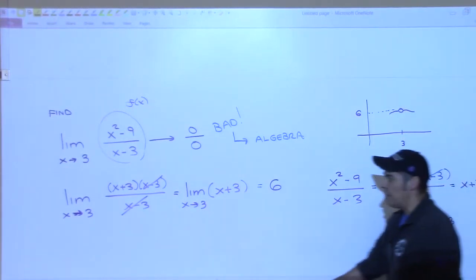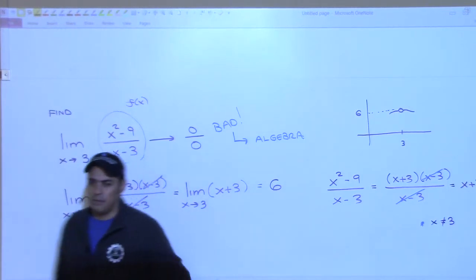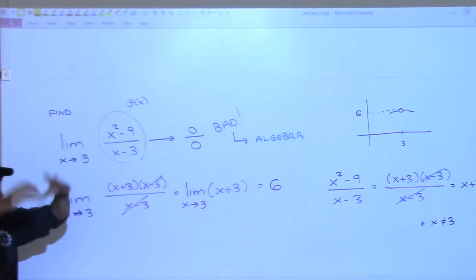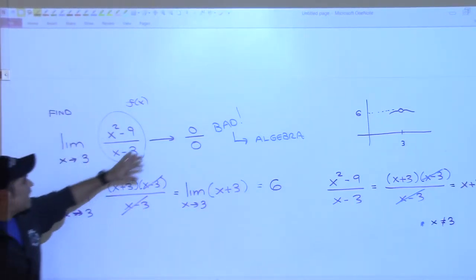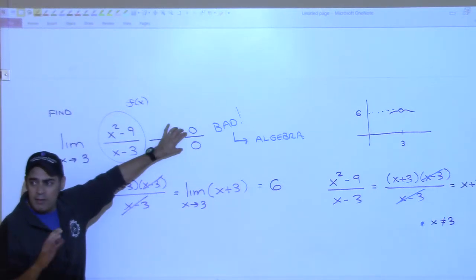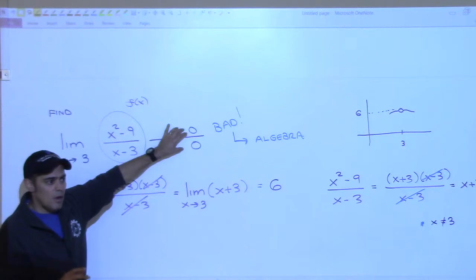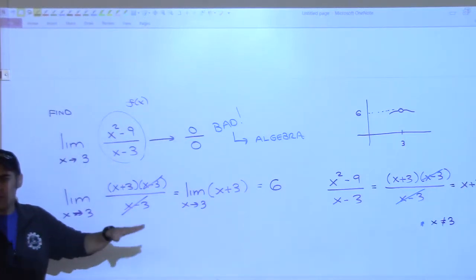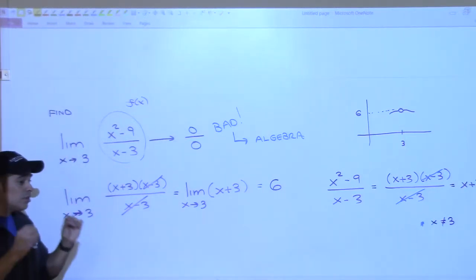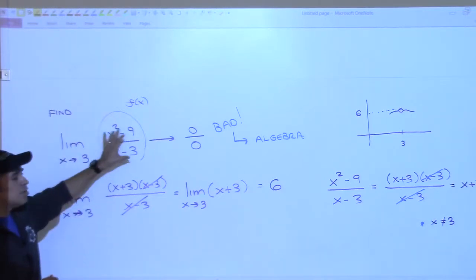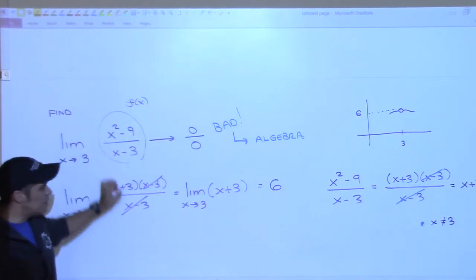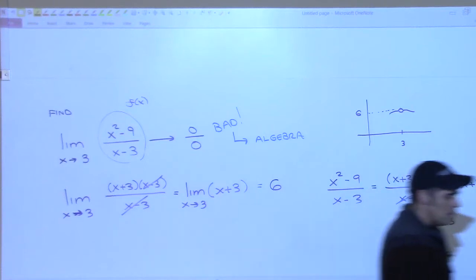It's headed towards 6. And this is kind of the big deal here. We have actually found a way to get around 0 over 0 here. Haven't we? We know at 3 the function's undefined. But we know that the closer you get to 3, the closer the function gets to 6. It just required a little bit of algebra.